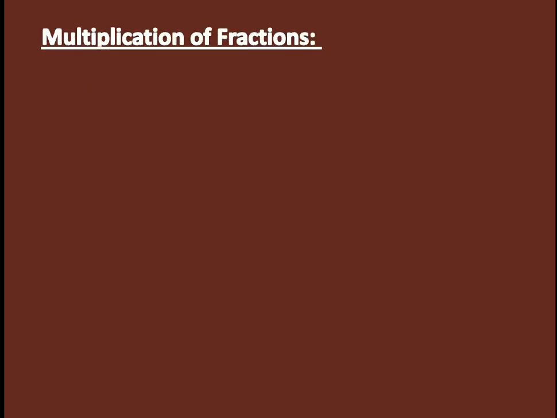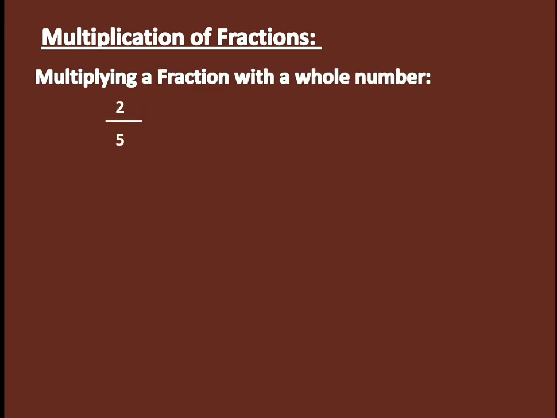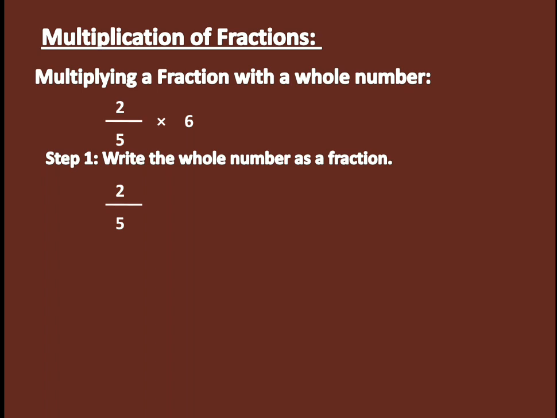Now, next topic is multiplication of fraction. Multiplying a fraction with a whole number. 2 by 5 multiply by 6. So, step 1, write the whole number as a fraction. So, 2 by 5 multiply by 6 by 1.